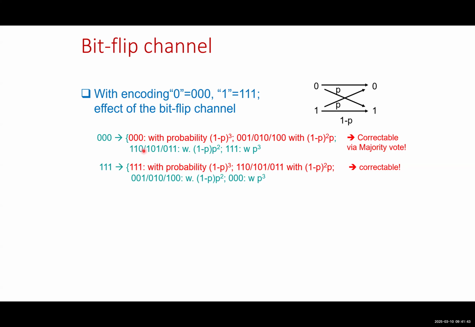So there are three of them. And you could also flip to 111 with probability P cubed. These have Hamming distance larger than 1. So in terms of the correction, we can use the majority vote, and we can correct the first and second groups as errors.